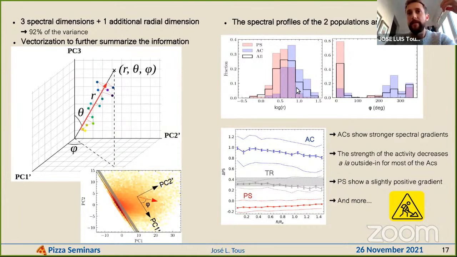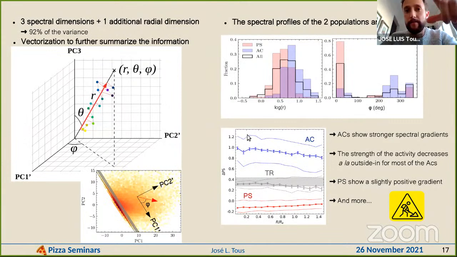This would tell us that for our active population, the spectral variation would be more important than for the passive counterparts, and also that the active population of S0 galaxies would concentrate around 270 degrees.